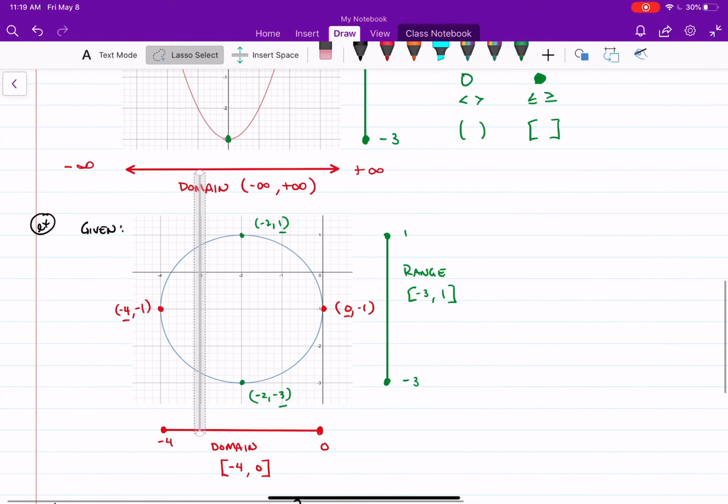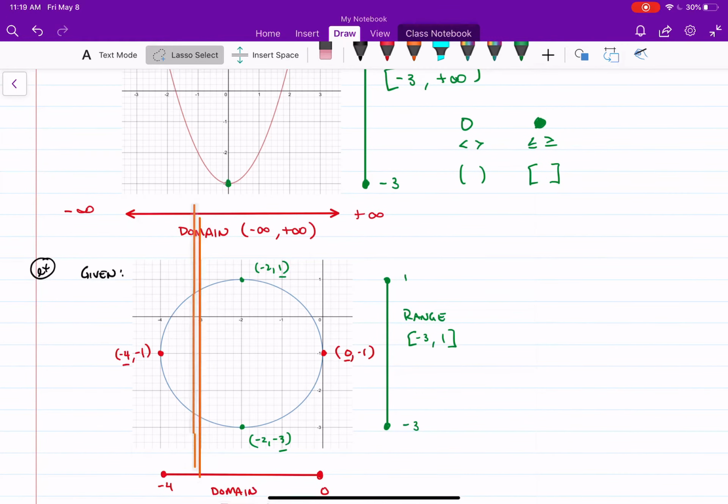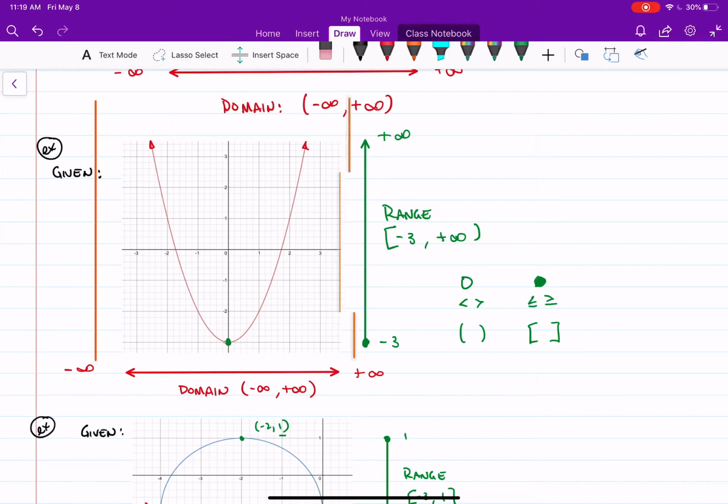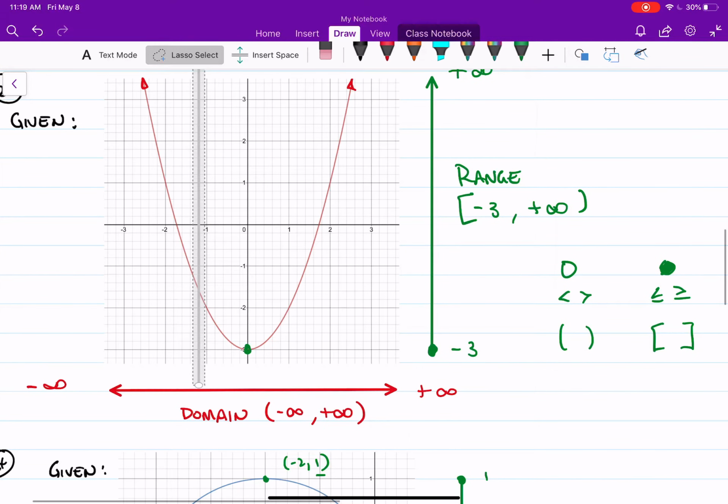It's kind of like in a relationship when you think your significant other might be cheating on you, you're not going to just look at one source and say, well, it doesn't touch, so they can't be. You're going to keep on looking and looking until you find something. Now, in this case, it only crosses once. Since it only crosses once, this is a function. If it crosses more than once, then it's not.